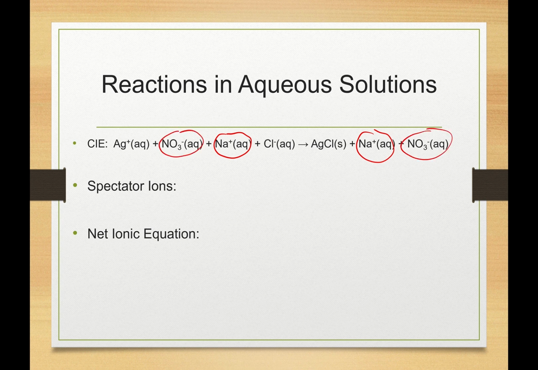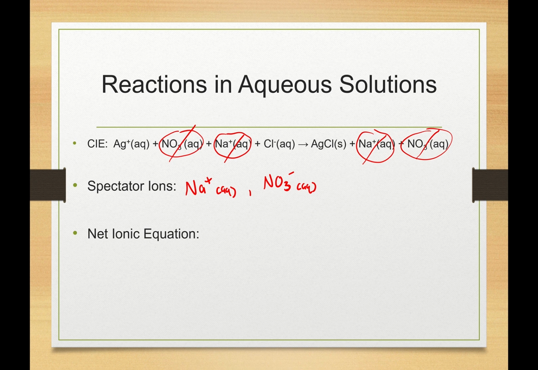Because these ions are both present before and after the reaction, they did not directly participate, so they are our spectator ions. So whichever ions you see at the very start and end of the reaction will be the spectators. If we then remove those ions from our chemical equation, since they did not participate, we are now left with our net ionic equation.